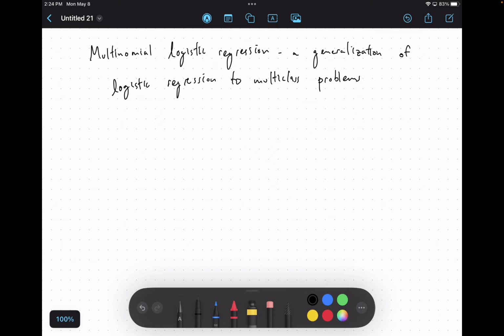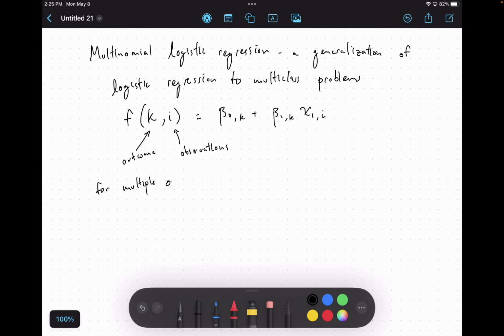So, if our binary outcome looks something like this, f of k, i, this is our outcome and observations. Then for multiple outcomes, we'll have something like this.